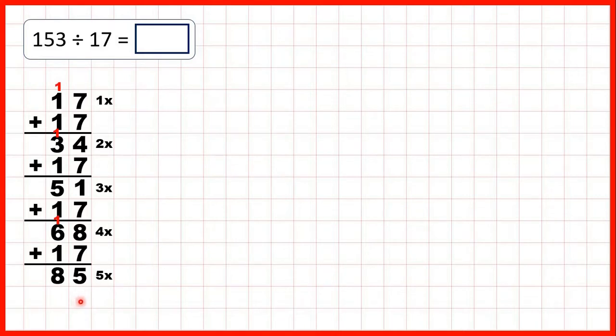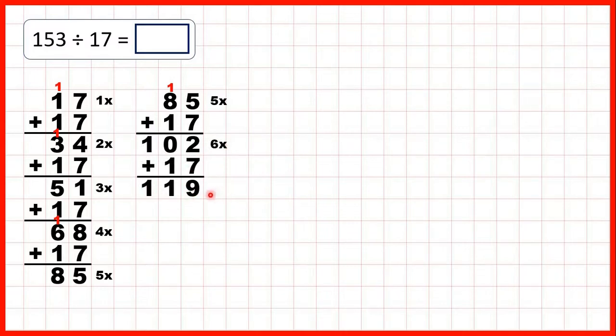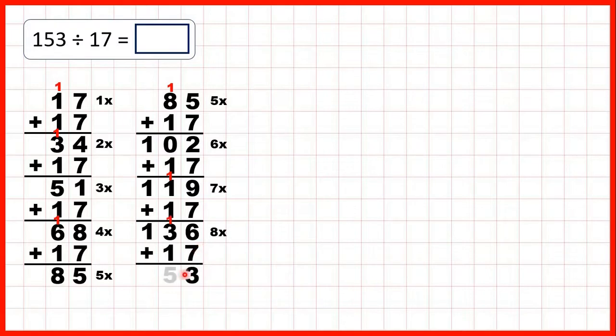So now, because we're running out of space, if we take that 85, which was 5 times, and add another 17, we get 102 for 6 times, 119 for 7 times, 136 for 8 times, and finally we get 153 for 9 times. So, because we know that 9 times 17 is 153, we know that 153 divided by 17 must be 9.